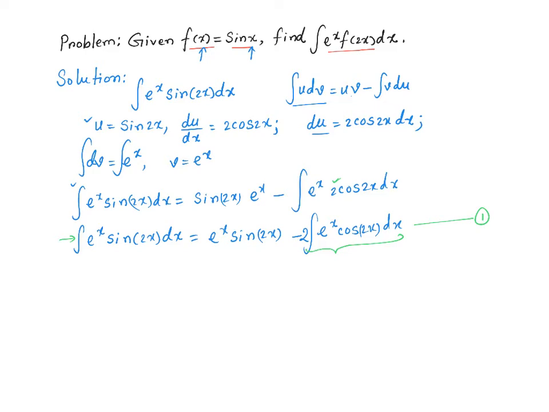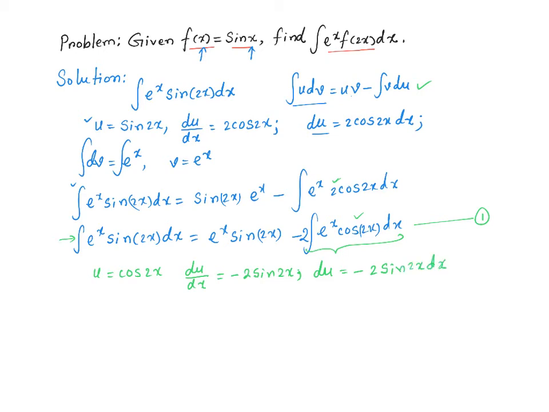So now we are going to take the integral of this portion, exactly the same way, using integration by parts. My u is going to be cosine of 2x, so du over dx is equal to negative 2 sine of 2x, and du is negative 2 sine of 2x dx.